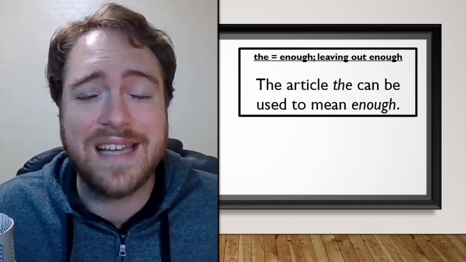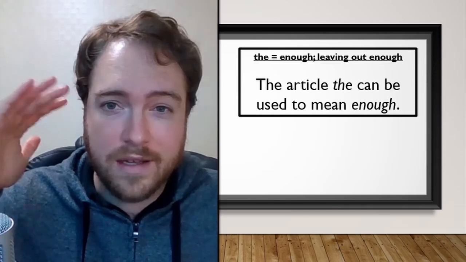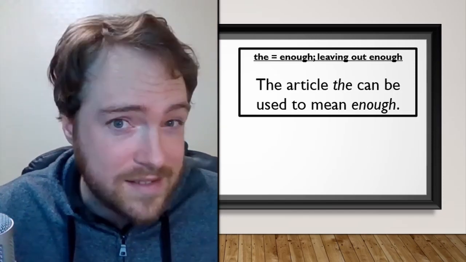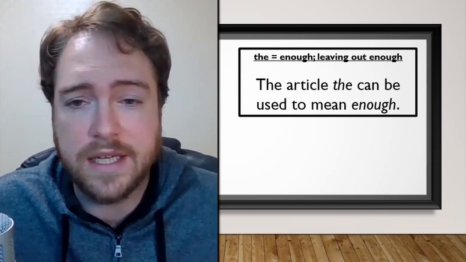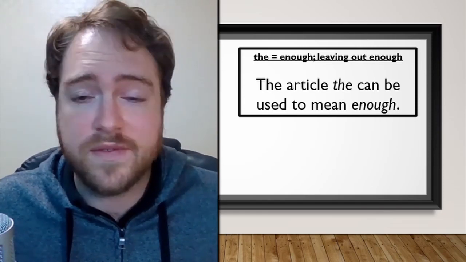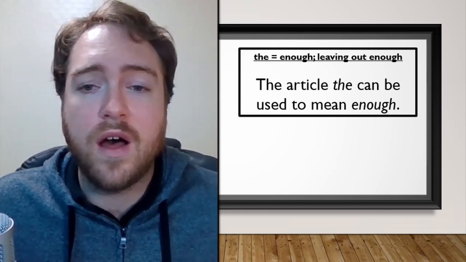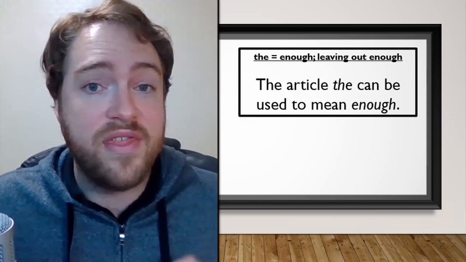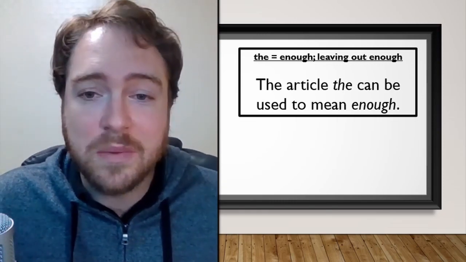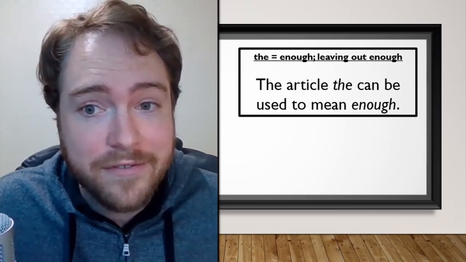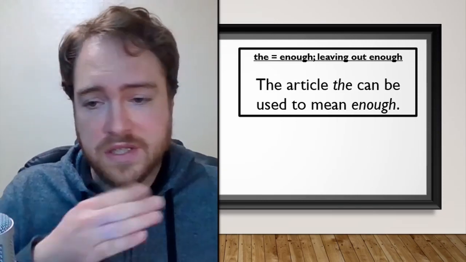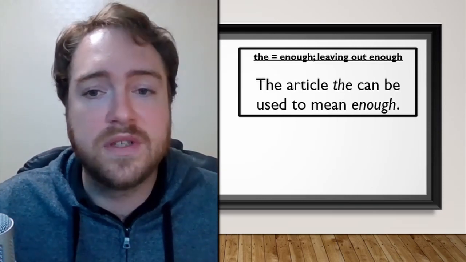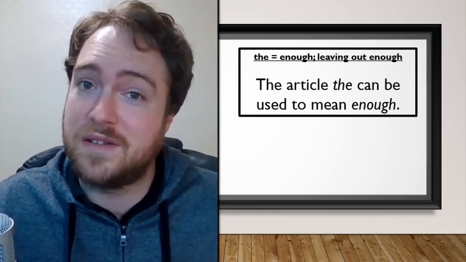This last one is actually, I would say, advanced level grammar in English, but if you learn it, it's very easy, okay? The article the can also be used to mean enough, all right? And we can just leave out enough and use the. Sounds interesting, right?